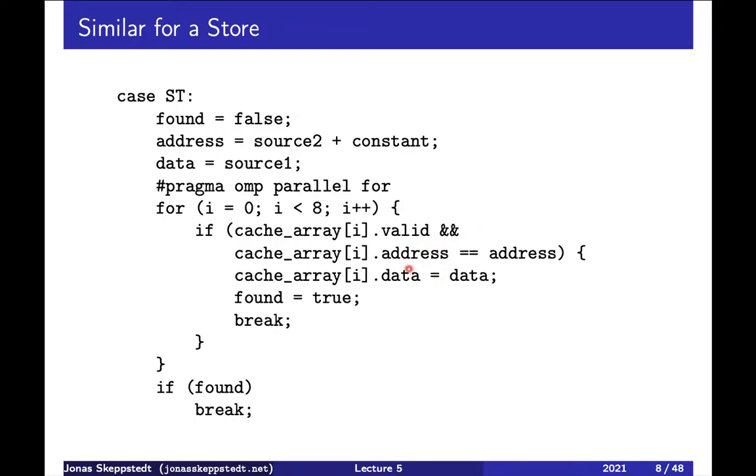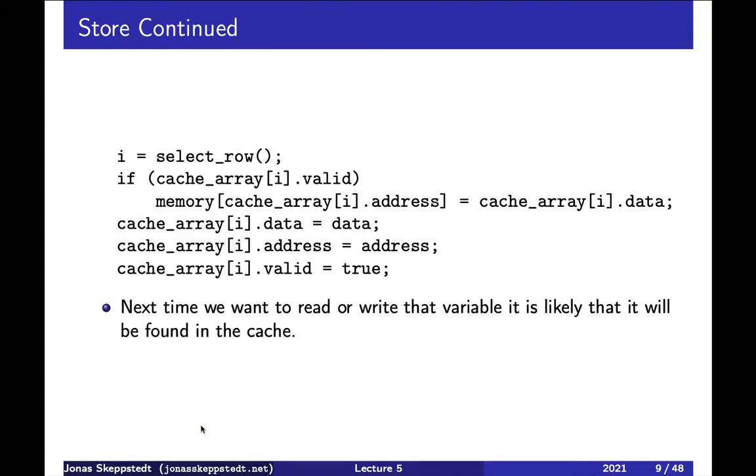In that case, we just overwrite it and forget the old value. If we found it, then we are done. If we didn't find it, we again select the row, copy back the old contents and write here. So next time that we want to read or write this variable, it's likely to be found in the cache, and we save time.